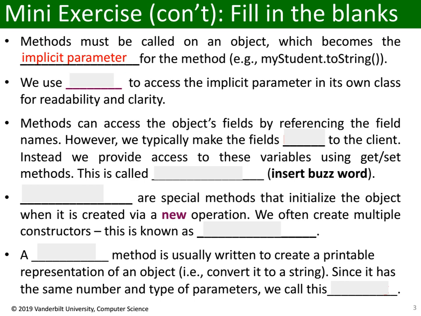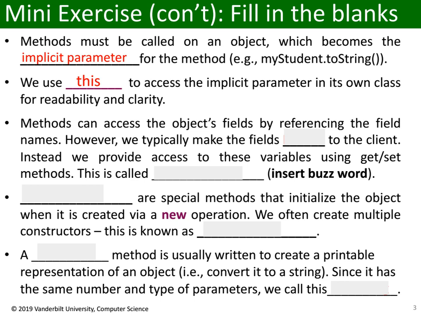We use blank to access the implicit parameter in its own class for readability and clarity. So anytime you want to refer explicitly to the implicit parameter, we use the this keyword. Methods can access the object's fields by referencing the field names. However, we typically make the fields blank to the client.